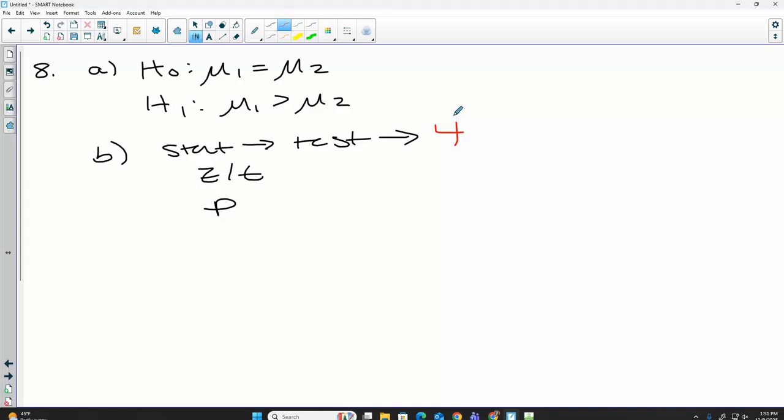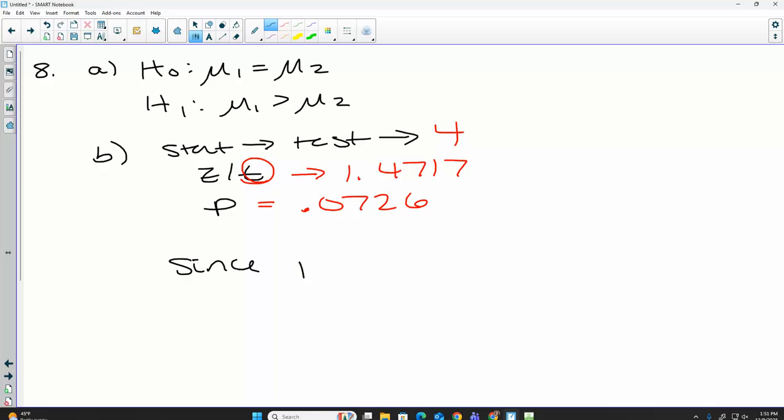We're testing greater than, and calculate. So anything with a mean is going to give us a t-value. So we get 1.4717. Our p is 0.0726. My conclusion, alpha was 0.1. So p is smaller than alpha. We reject.